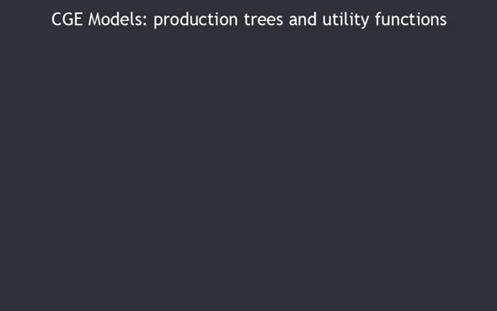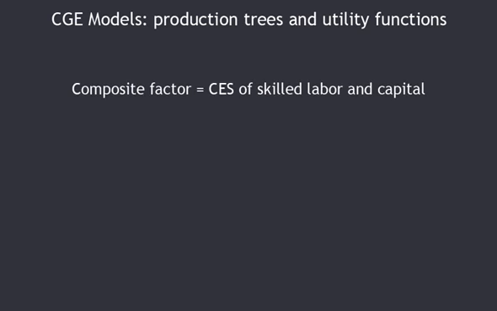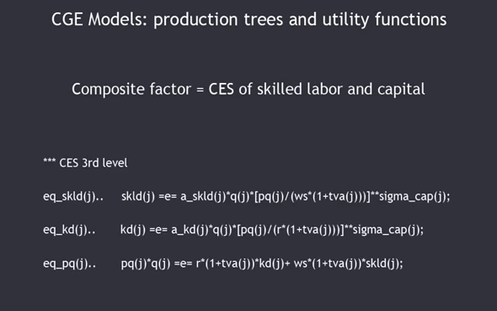Then we have the second level of the CES. So the composite factor Q in sector I is a CES of skilled labor and capital. So at this level, we have three equations. So again, an equation relating the value of the composite factor PQ times Q must be equal to the value of capital and the value of skilled labor.